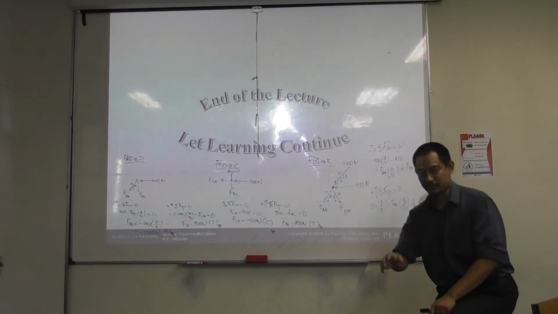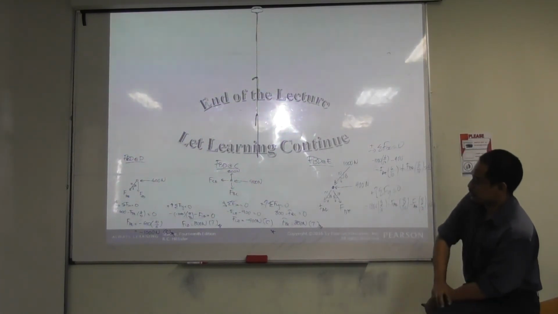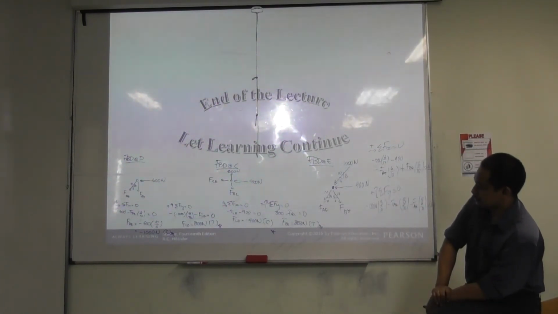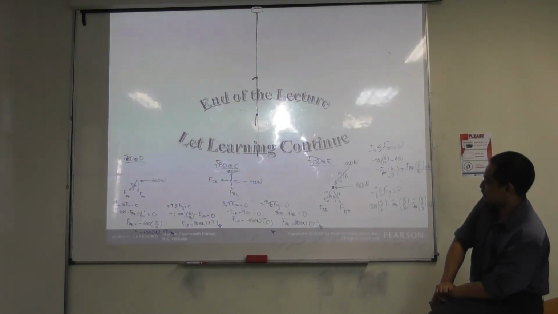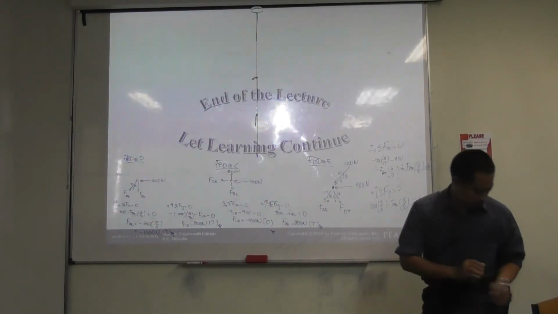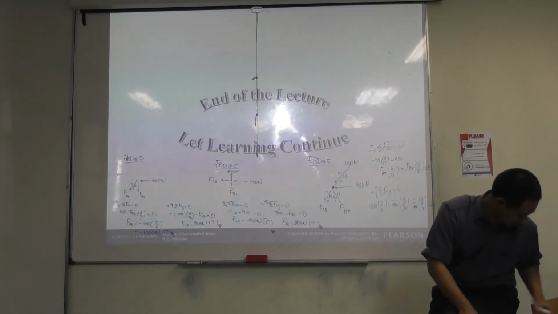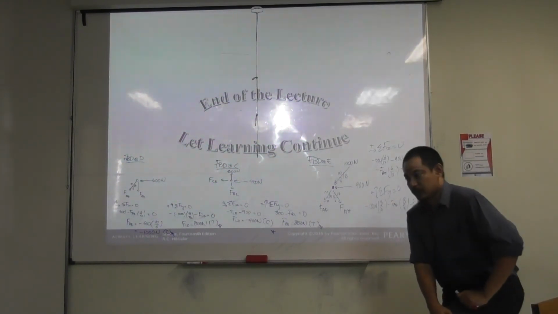So you have moment, etc. So the number of equations is more, and most students are afraid of that part because even the diagram is more scary than this one. All right, now we still have time.